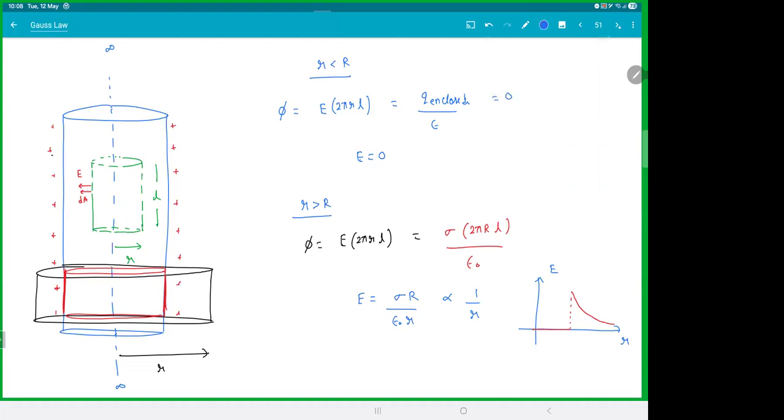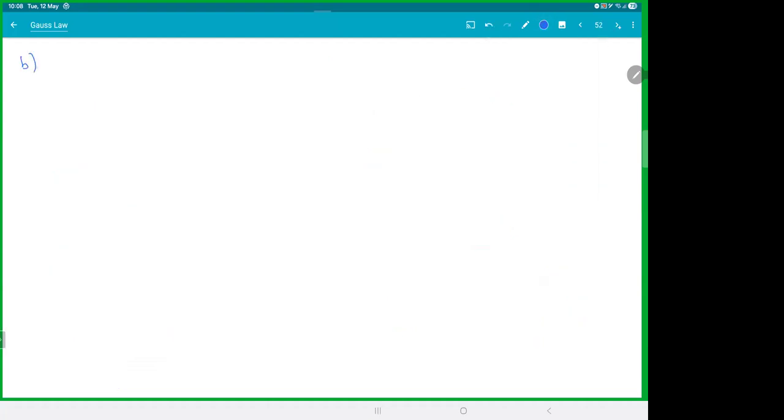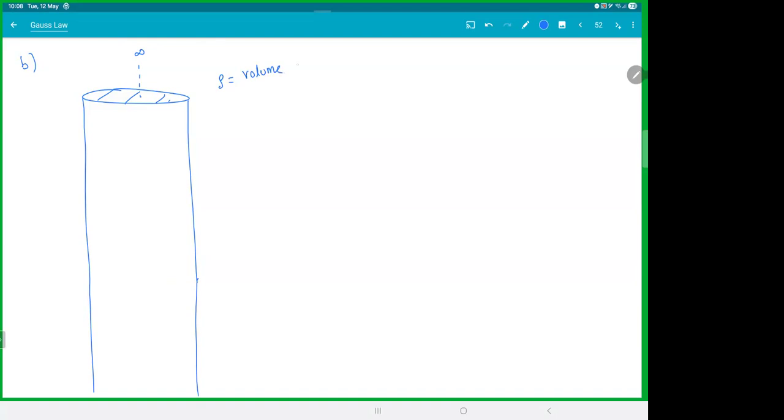No. The second shape. Infinite solid cylinder. Rho is the volume charge density. Find the field inside and outside.